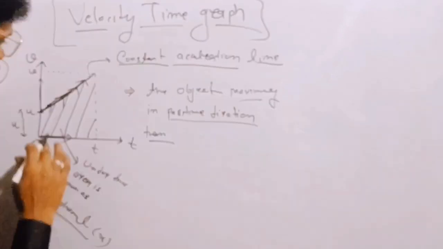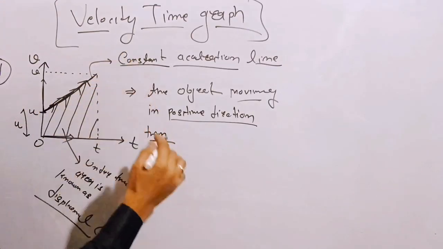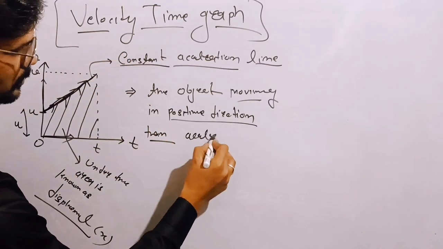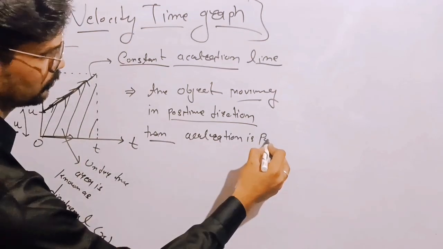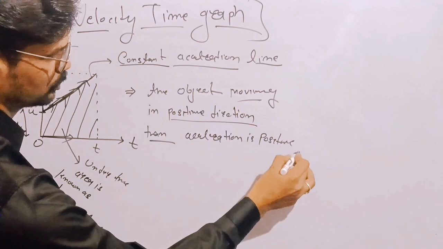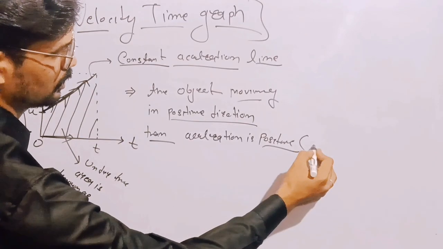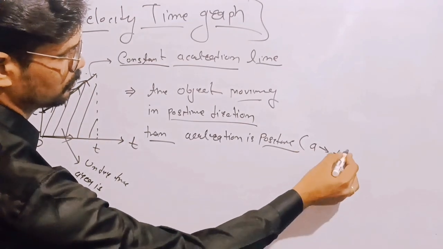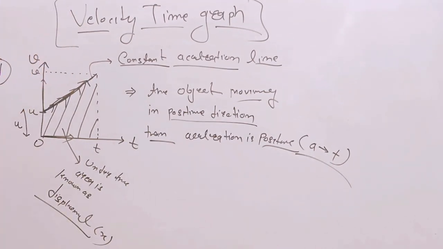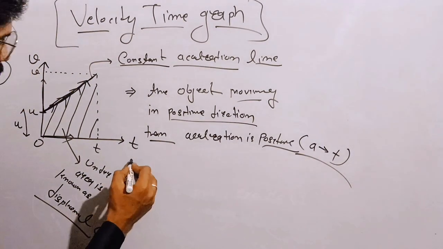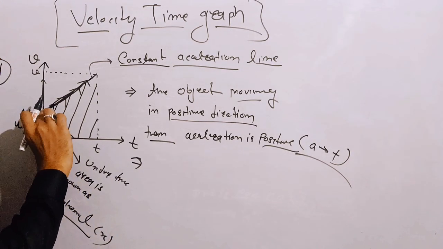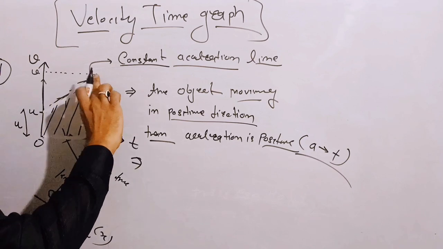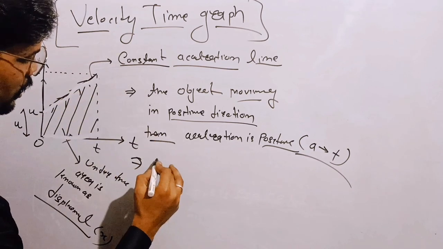Then acceleration is positive. And second, the area under the curve is known as displacement, and it is increasing from initial velocity to final velocity.